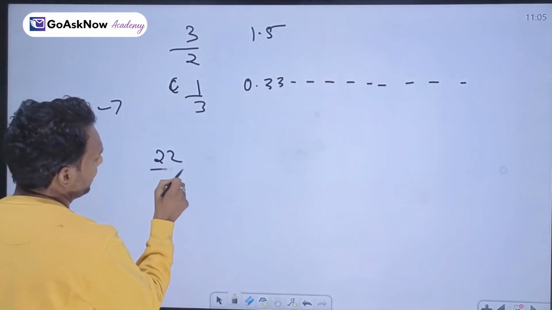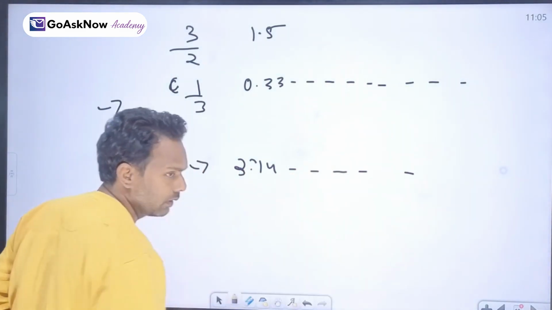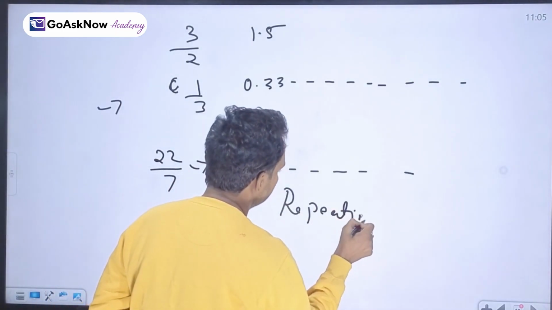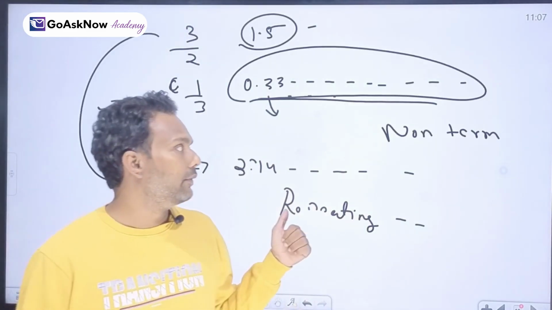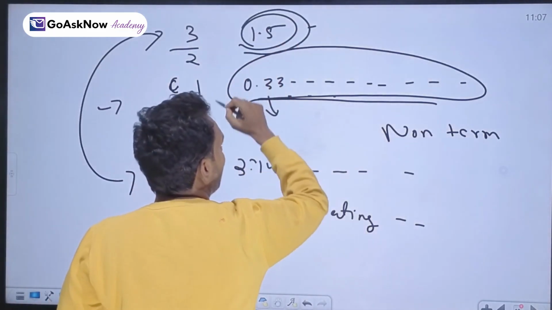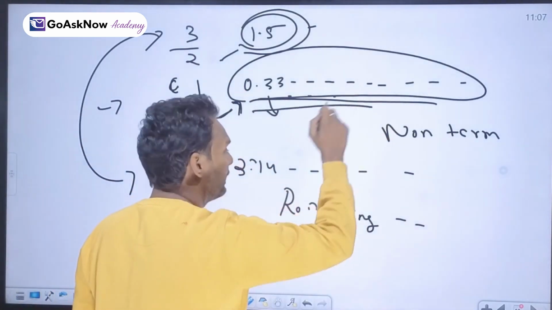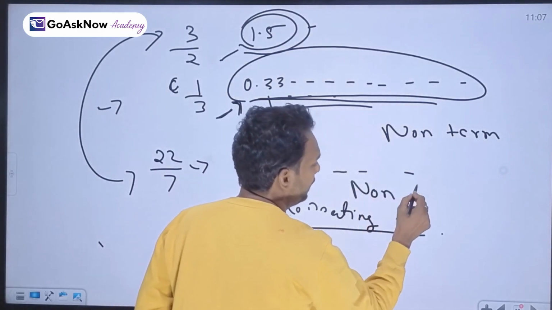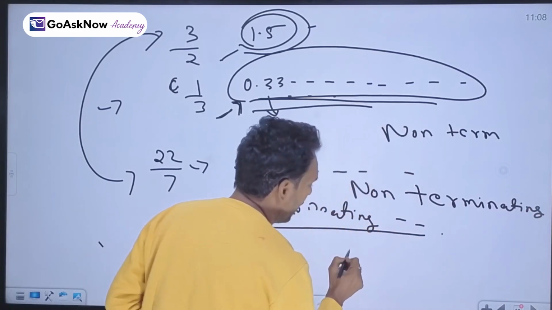When we write 22 by 7, then we get 3.14, okay, it's neither repeating nor ending. So from here we get that when a rational number is divided, we get 3 types of decimal expansion: terminating, non-terminating but recurring digits, and non-terminating and non-recurring digits.